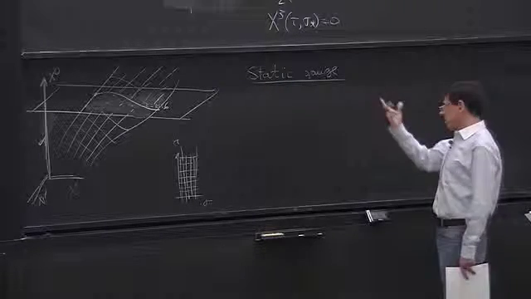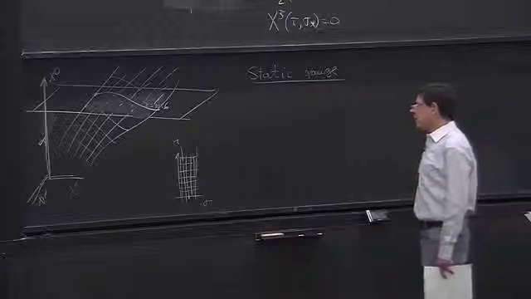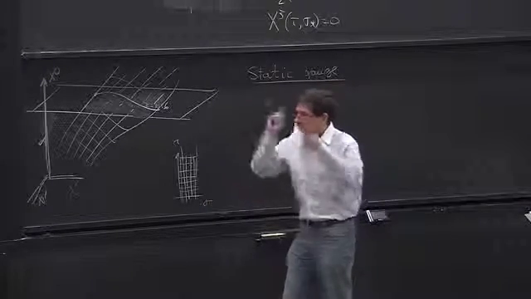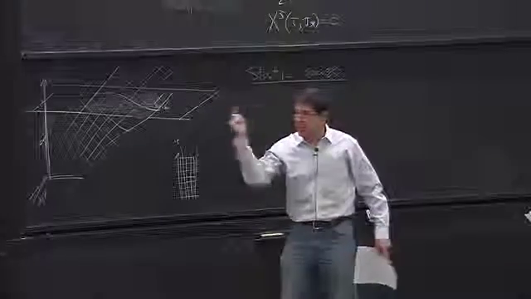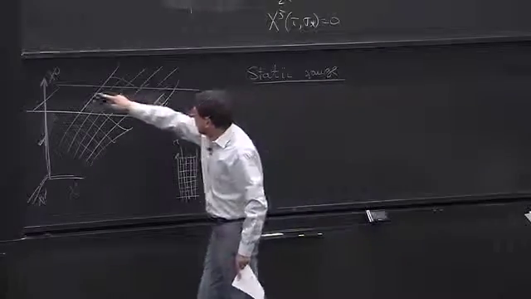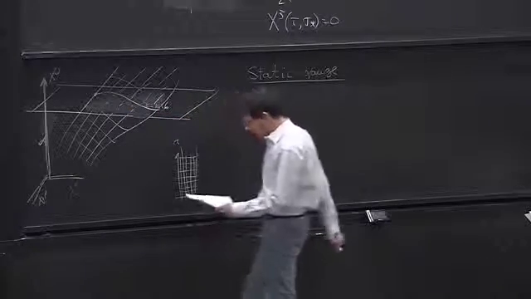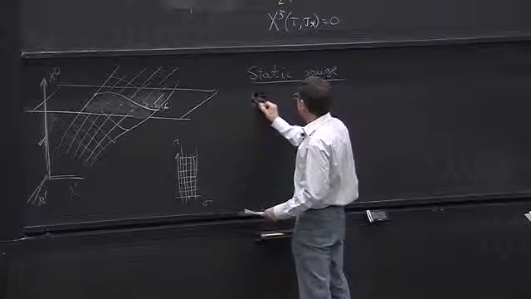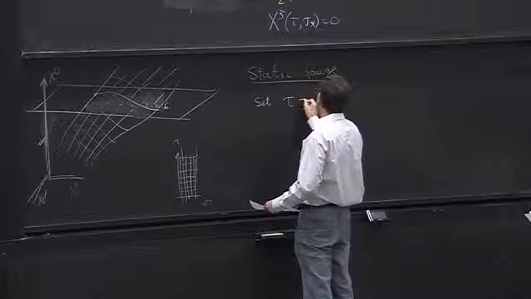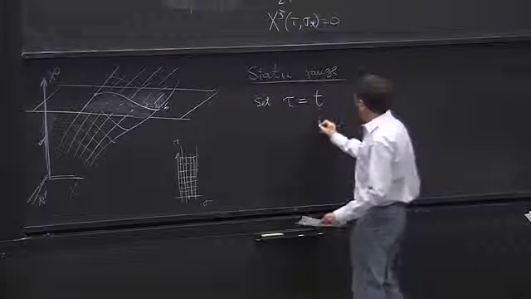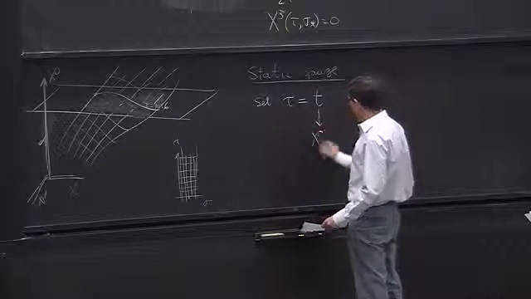You have to try to think about what it really means. It really means that at some time you take a picture of the string, and that string that you see, as you see in the surface, is the string at tau equal time. So we'll simply say that we'll set tau equal to t. Now t is what we call x0.